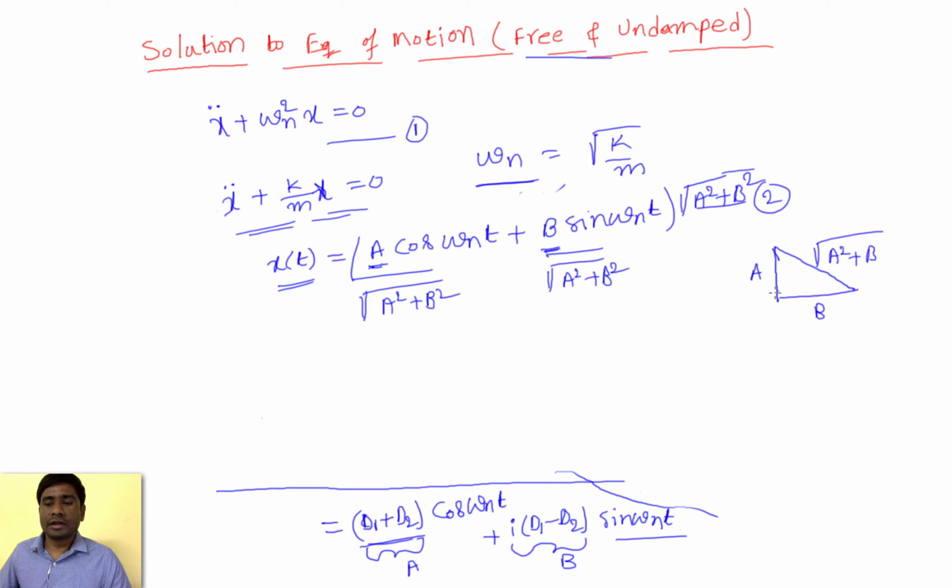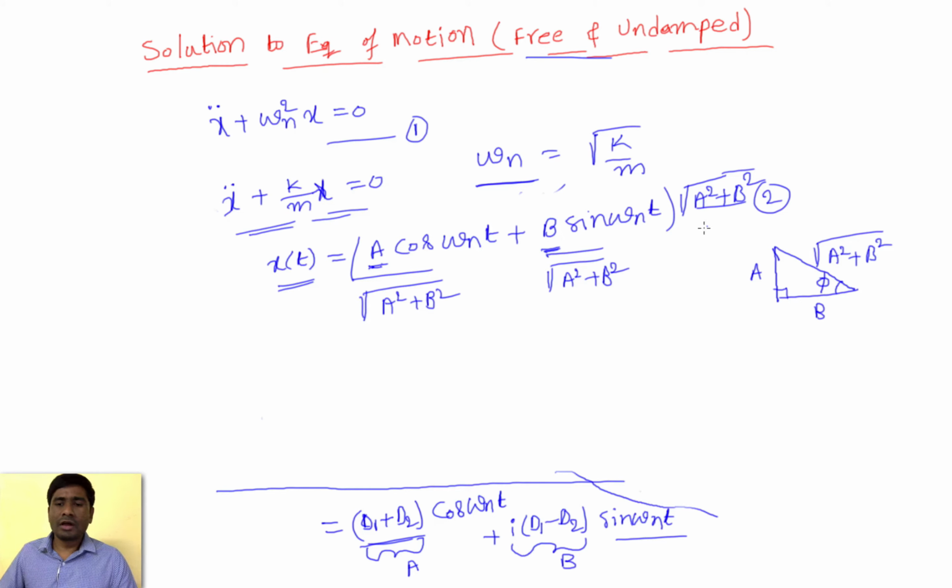This is a right angle triangle, and if I consider this angle as phi, then a by square root of a square plus b square will become sin phi, and b by square root of a square plus b square will become cos phi.